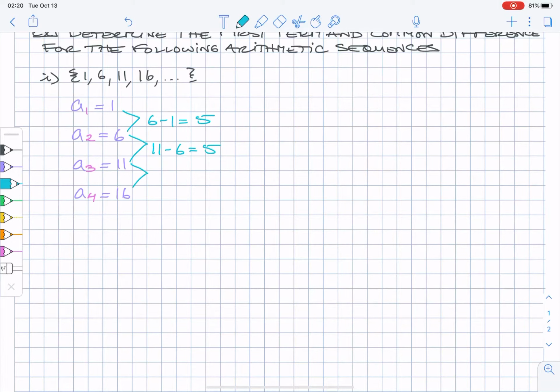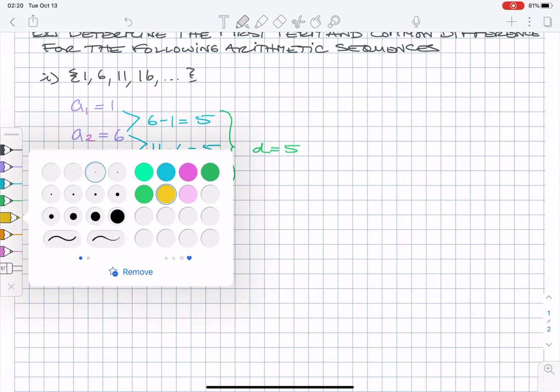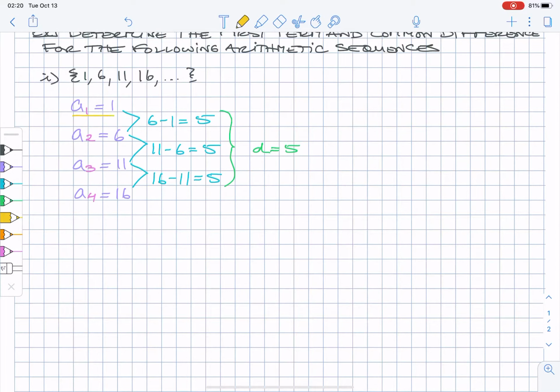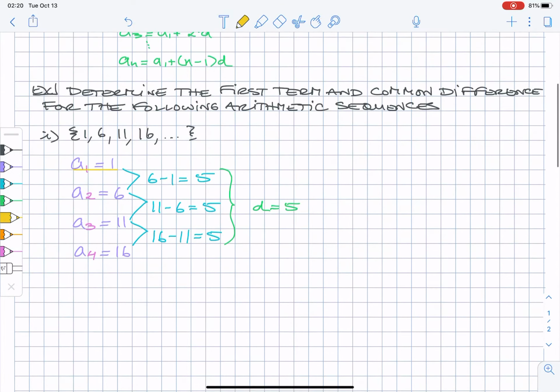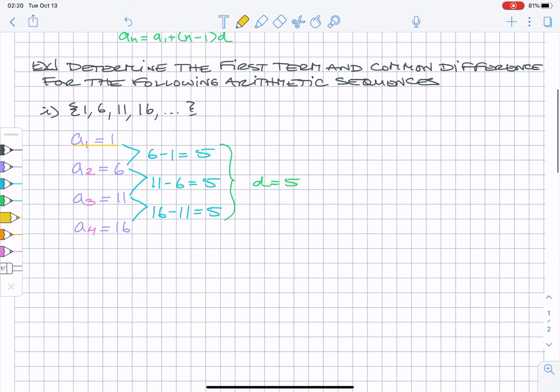And I claim the common difference between subsequent terms is 5. So therefore, the common difference d is 5. And of course, the first term, a1, is 1. Okay. So that's the first term and common difference.